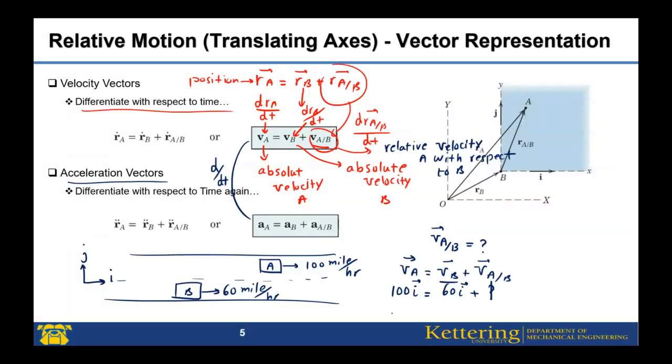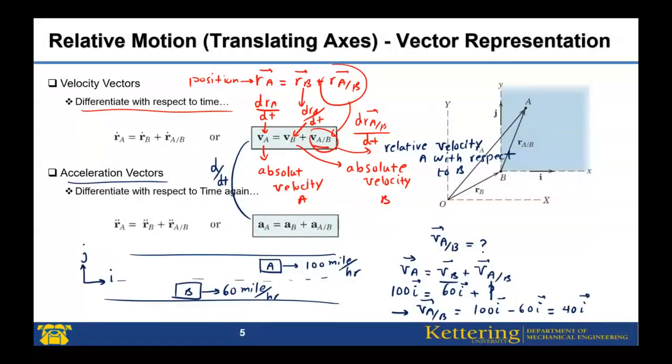From this I can find the velocity of A with respect to B: it is 100i minus 60i, or 40i. What does it mean?